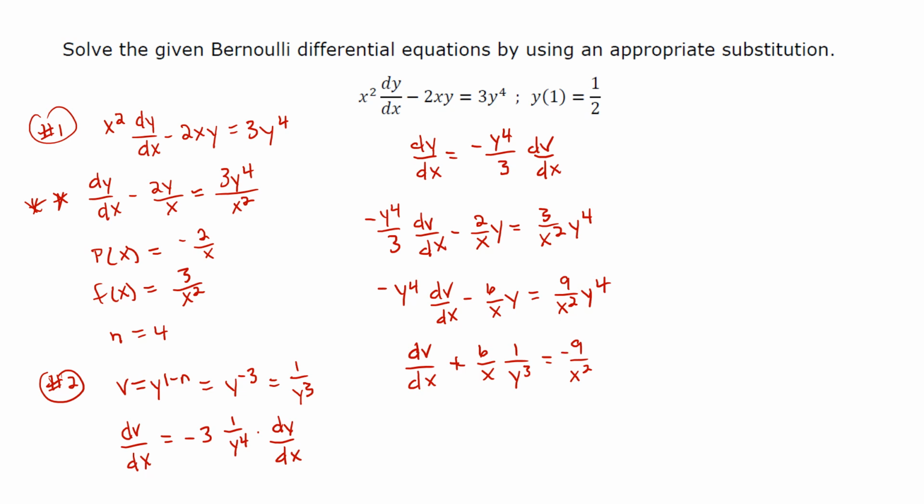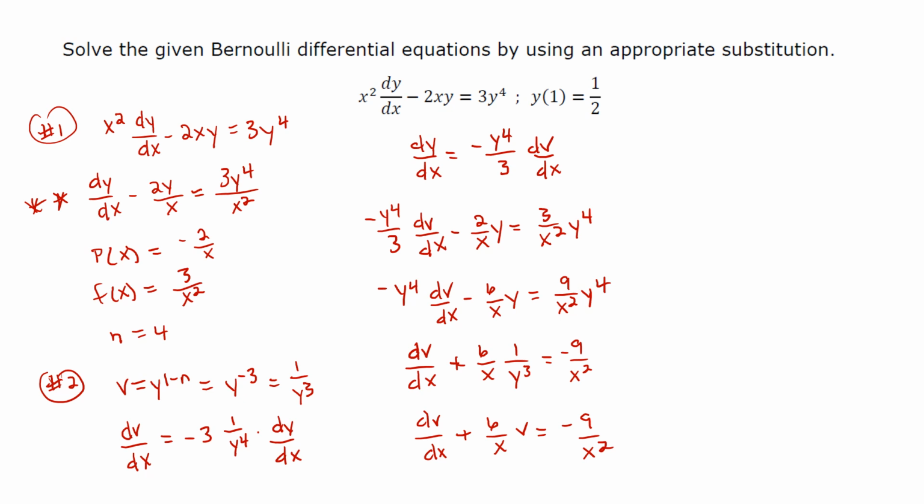Now I know that 1 over y to the 3rd is v. So I can rewrite this: 6 over x v equals negative 9 over x squared. And so now I can solve this for v.